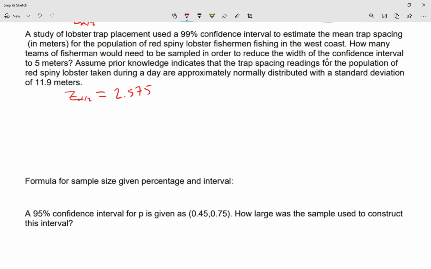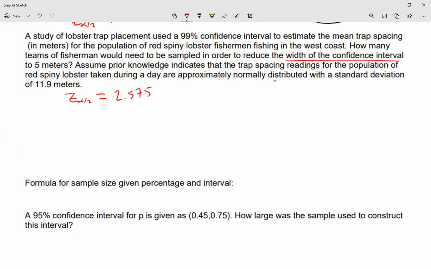Oh, okay. Now this is interesting. The width of the confidence interval. Remember how my confidence interval is 2 values? Remember, let's just say there's x prime plus the standard error, and then there's x prime minus the standard error. That's how I get my 2 values, right? But in this case, it's telling me the width.